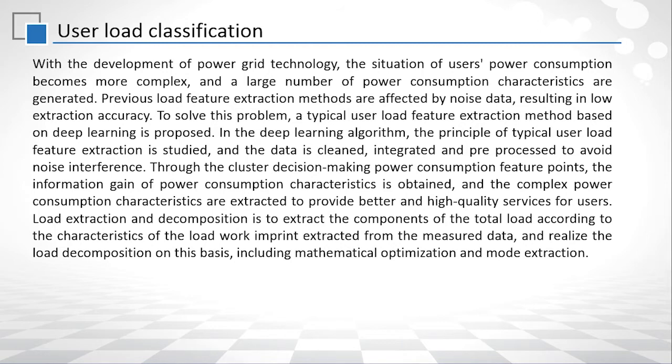Through the cluster decision-making power consumption feature points, the information gain of power consumption characteristics is obtained, and the complex power consumption characteristics are extracted to provide better and high-quality services for users.